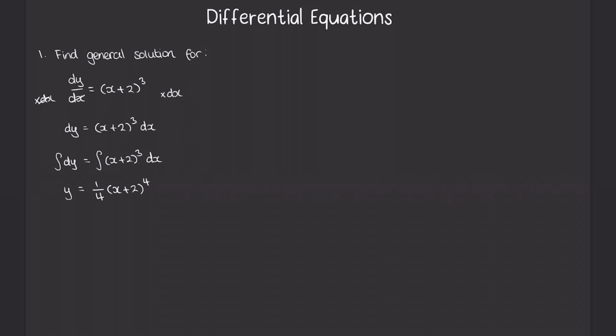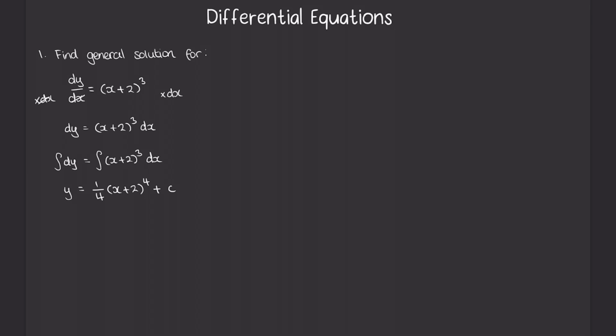And then you have to remember your arbitrary constant, which is just plus c, because there are no limits. So that's the first question complete, because it asks for the general solution and not the particular solution.